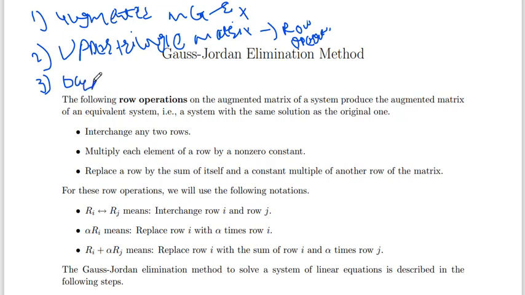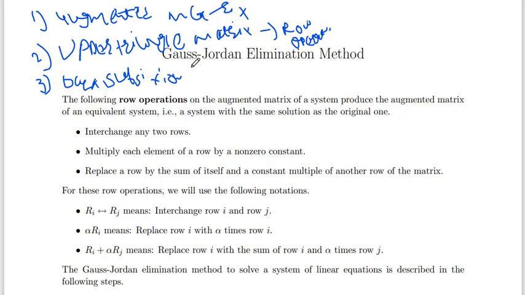With the help of back substitution we solve the linear equations. So this is Gaussian elimination.